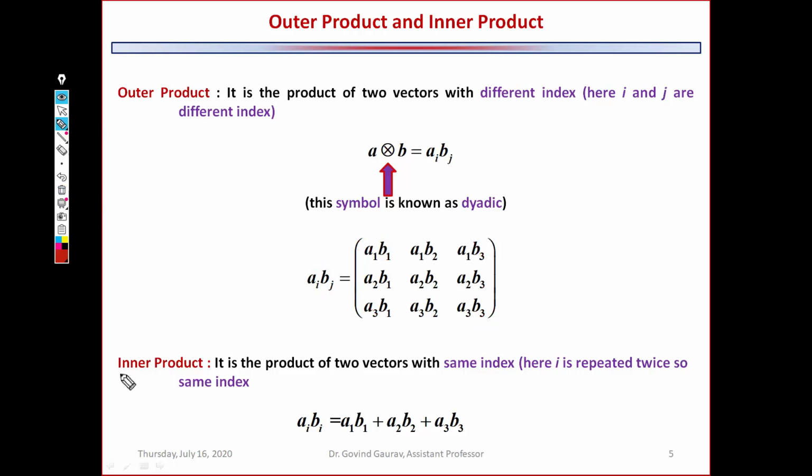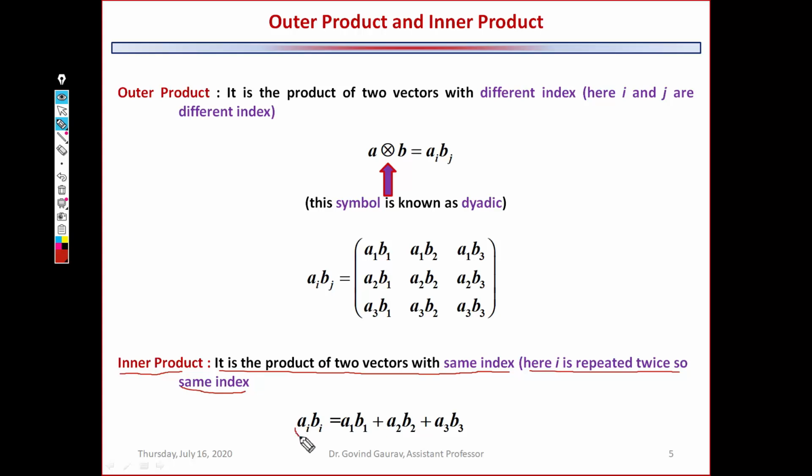The second type of product we have is the inner product. So what is the inner product? It is the product of two vectors with the same index. If the indices are the same, then we say that we are calculating the inner product. Here i is repeated twice, so it is the same index. So we will take an example here.